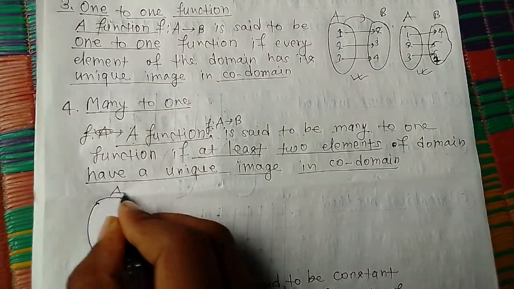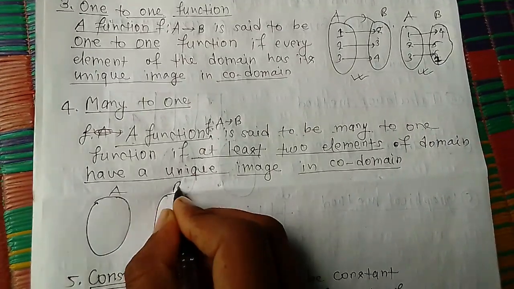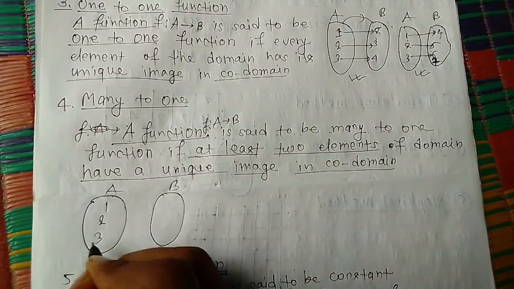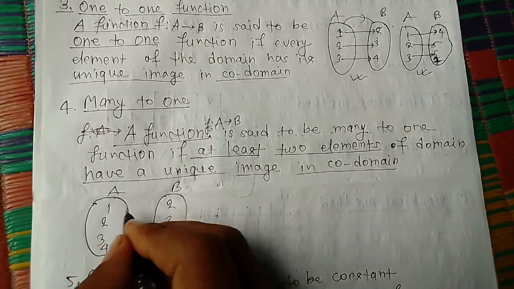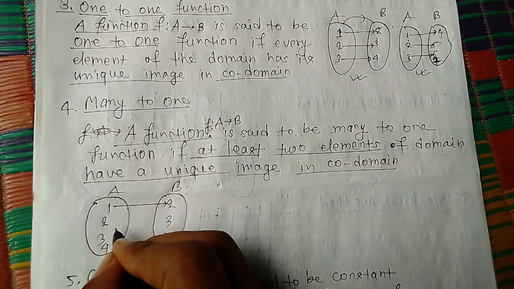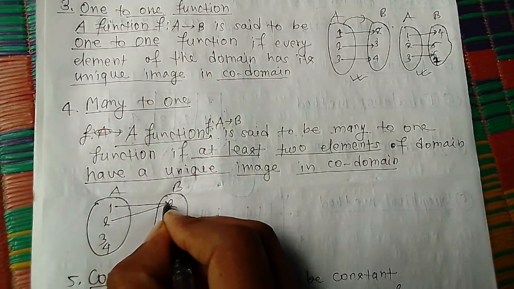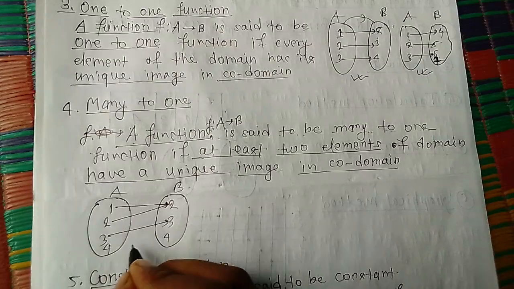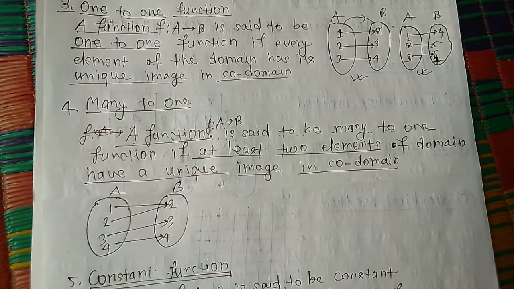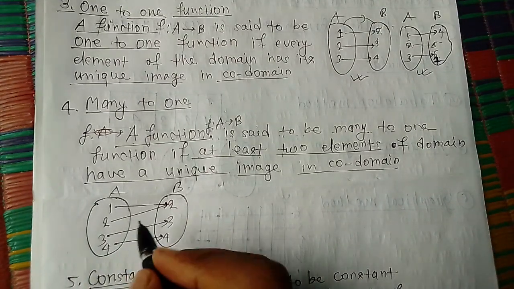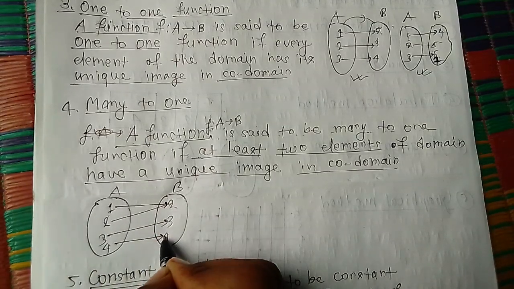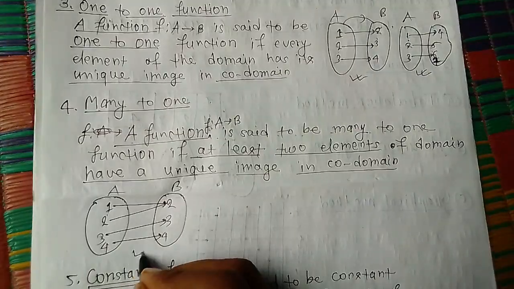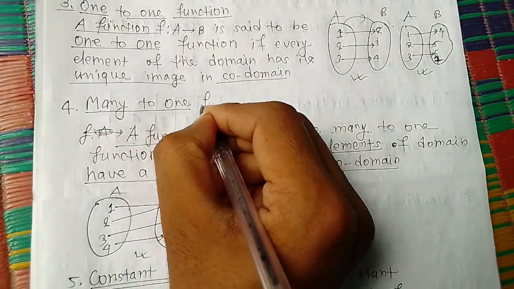If here are A and B, with 1, 2, 3, 4 and 2, 3, 4, then 1 is related to 2 and 2 is also related to 2. Now 3 and 4. So what we conclude is that here two elements are related to 2. So this is a many-to-one function.